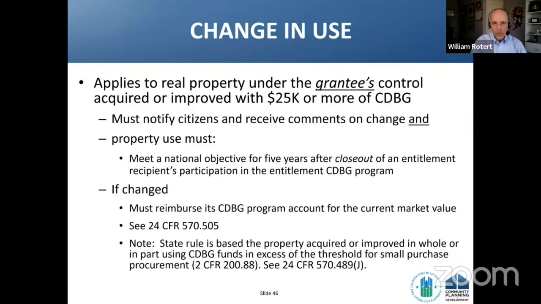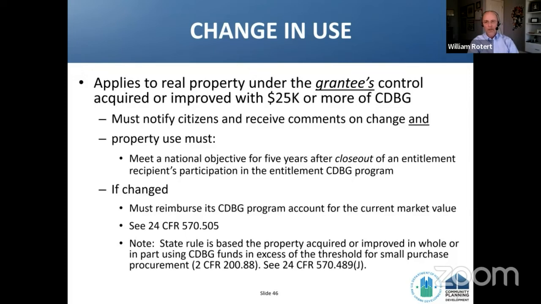So if you're in that situation, you must notify your citizens and receive comments on the change in use. Typically, you'd follow the same process that you would use for development of your consolidated plan or your annual action plan. And then the new use must meet a national objective for 5 years after closeout of an entitlement recipient's participation in the entitlement program.